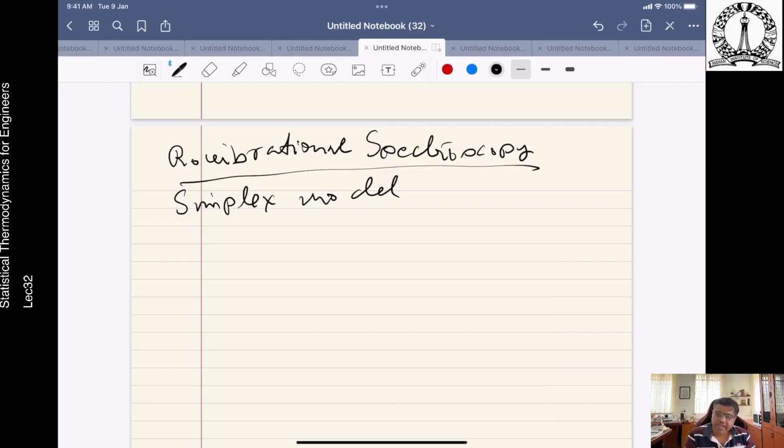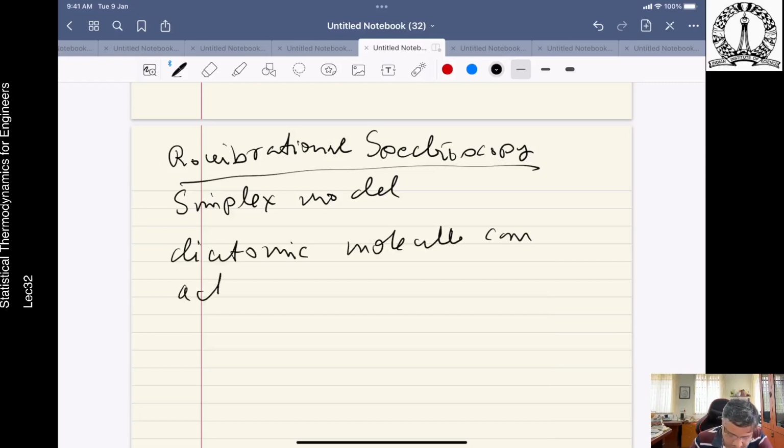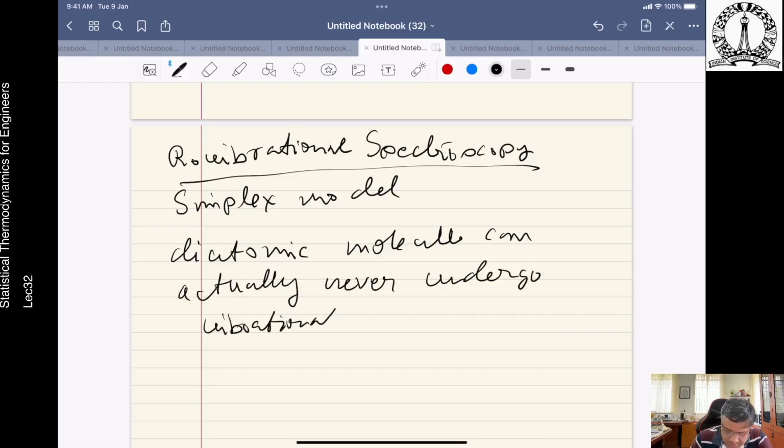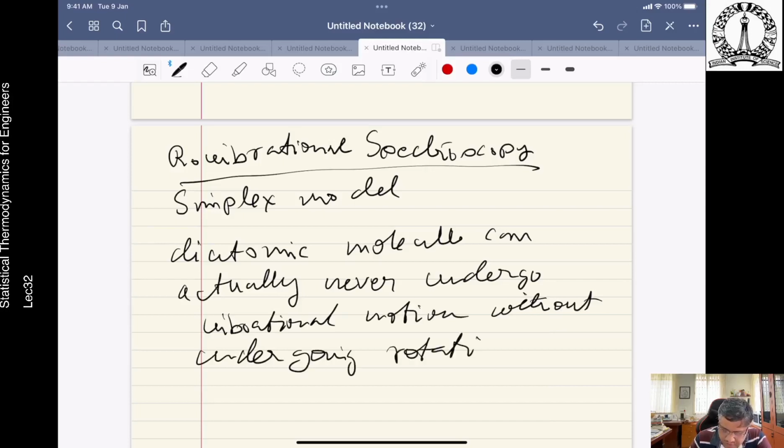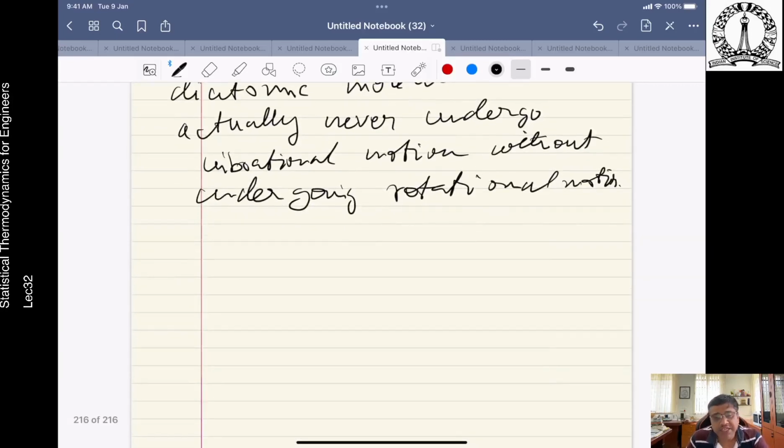A diatomic molecule can never undergo vibrational motion without also undergoing rotational motion, and the rotational and vibrational energies must be additive, therefore producing the ro-vibrational spectra.